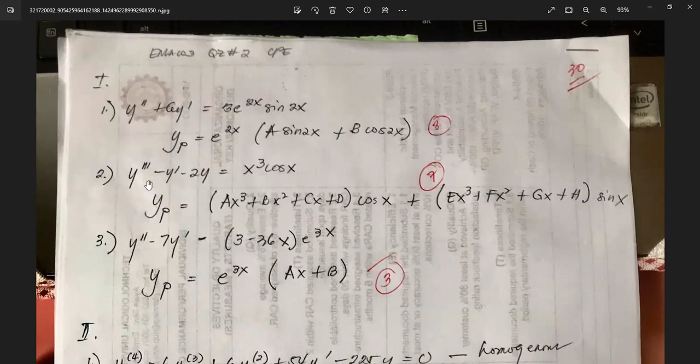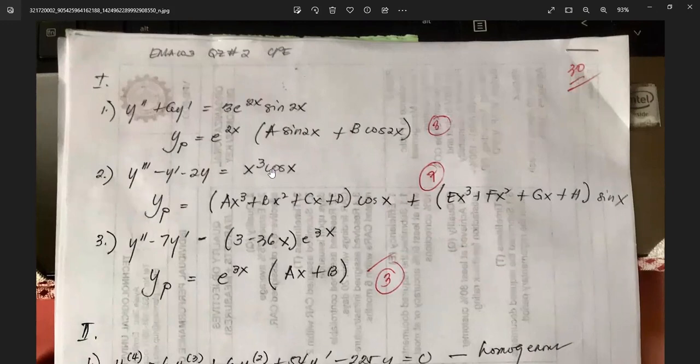Now, for the second number, you're given a third order DE, and the right side constitutes a product of x cubed and the cosine of x. So this cosine of x already tells you that you will have two terms, the sine and the cosine. If you don't have the x cubed, you will simply have a cosine x plus b sine x.